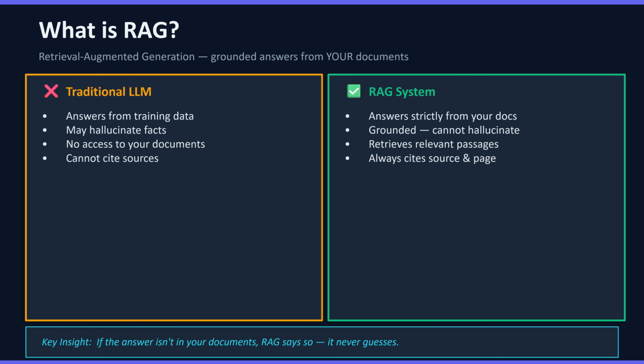The key insight I want you to hold on to: if the answer is not in your document, RAG says so. It doesn't guess, it doesn't hallucinate, because the model is answering from retrieved context, not from memory.